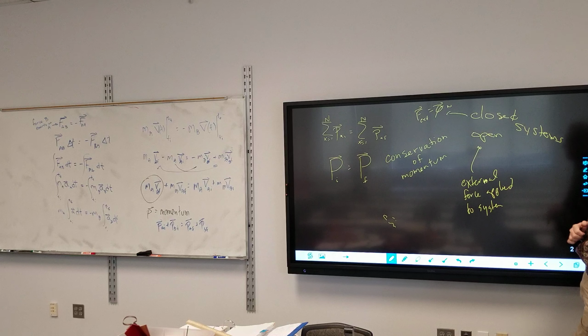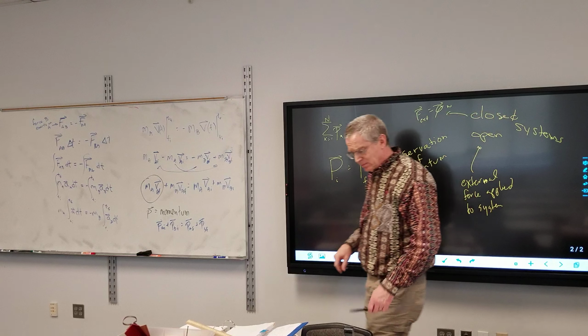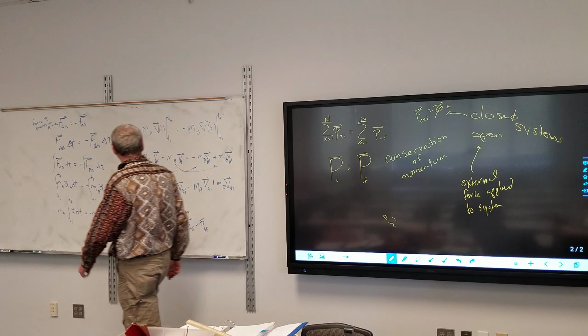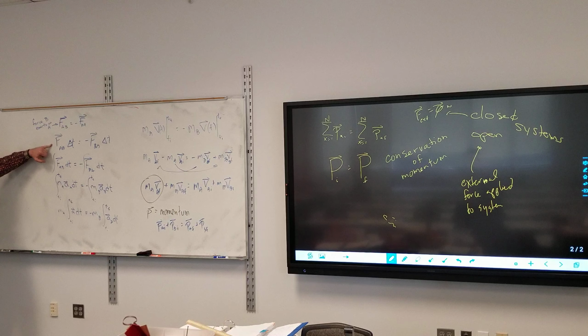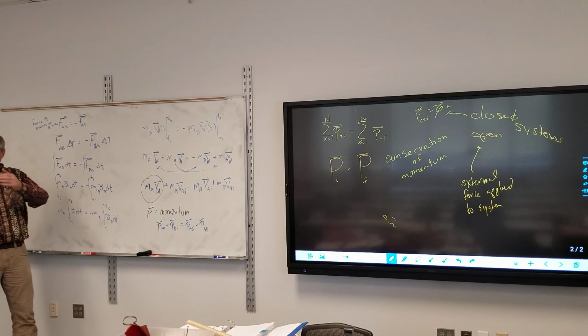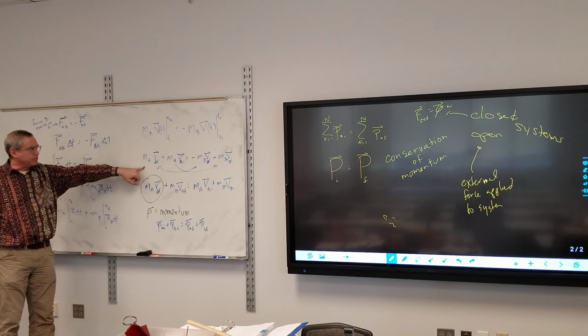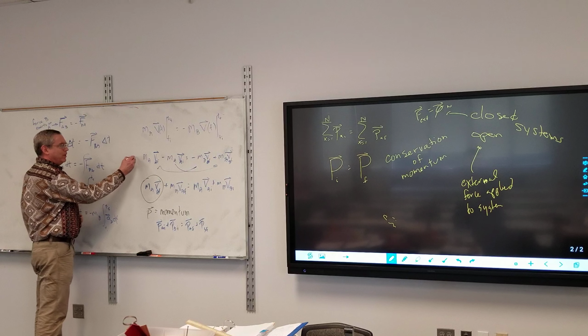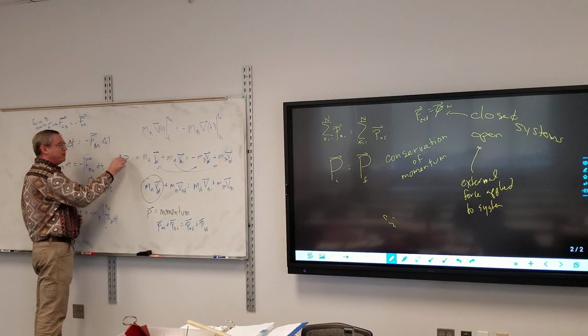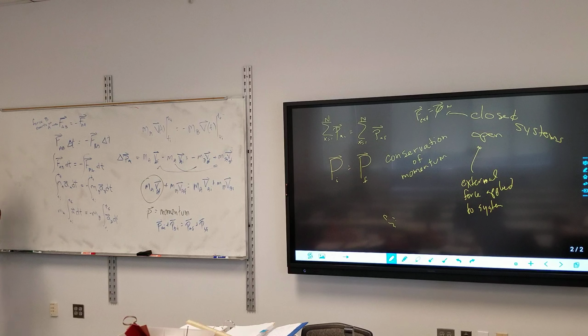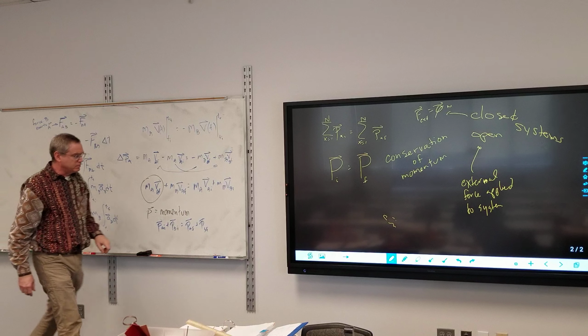So if I have an open system, is there some way of actually predicting what the change in momentum is? Well, yes. Because if you'll notice over here, I started out with force times time, and I hadn't done any switching across the equal sign up to this point. Well, this is just the change in momentum of A. So this, force times time, is equal to the change in momentum.